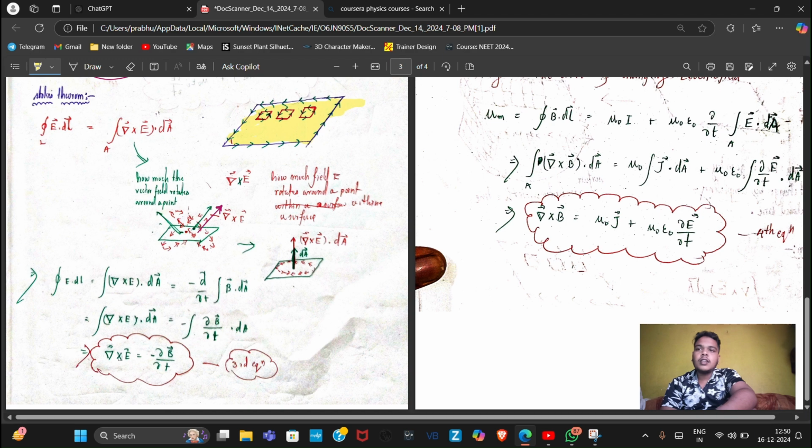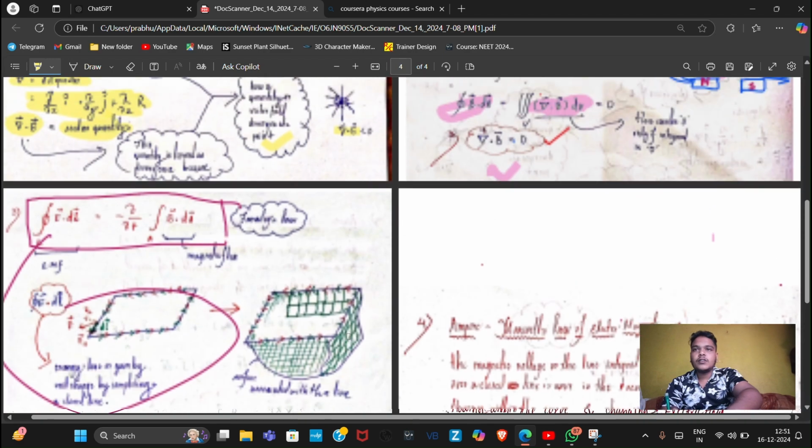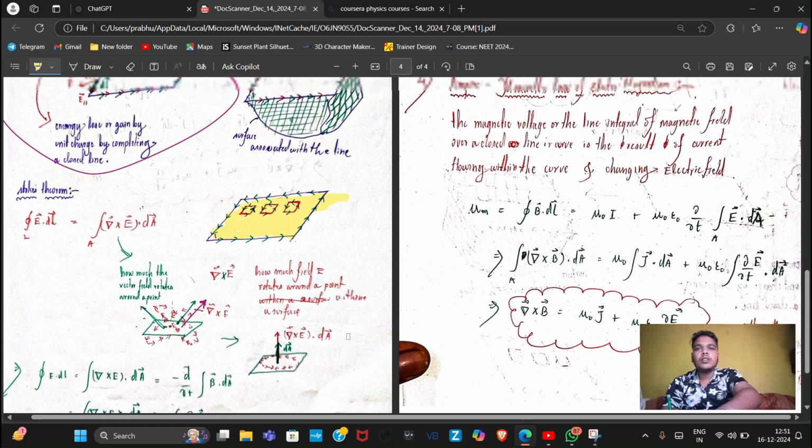So now we can equalize the integrands. So here are the two integrands, del cross E and dou B by dou t. So that's how Maxwell's third equation has been proved. Okay, so now let's proceed to the fourth equation.